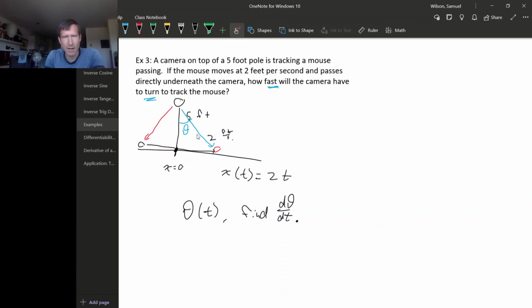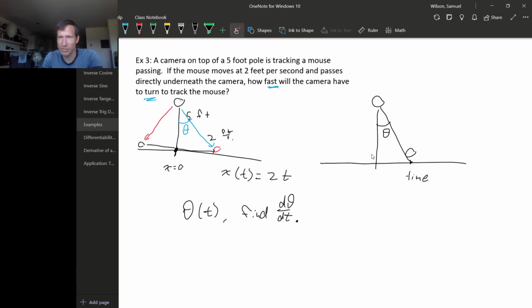So let me redraw this picture. The mouse, at some later time, will have moved, so say this is at time t. At some time other than time equals 0, the mouse will be somewhere along the ground here, and the camera is going to pivot to look at the mouse.